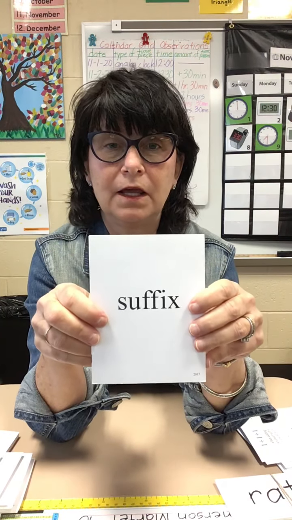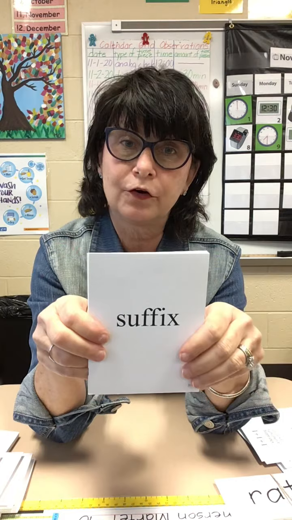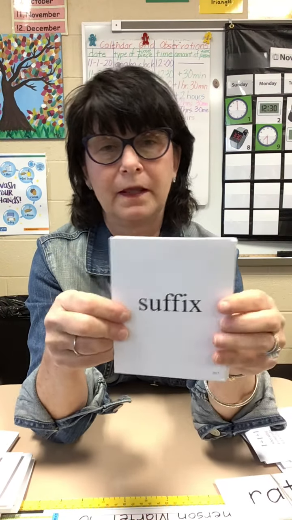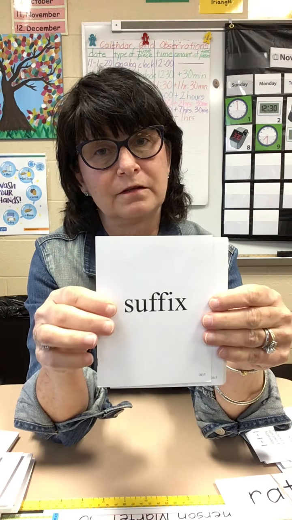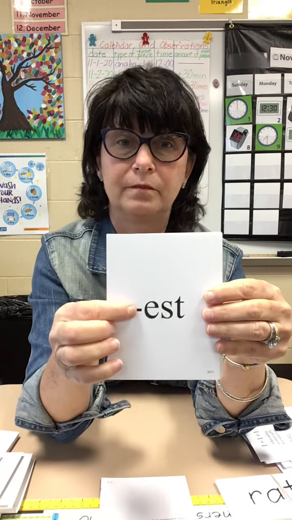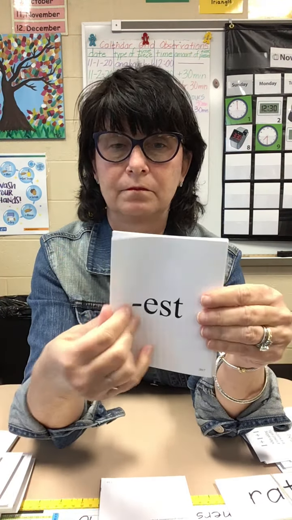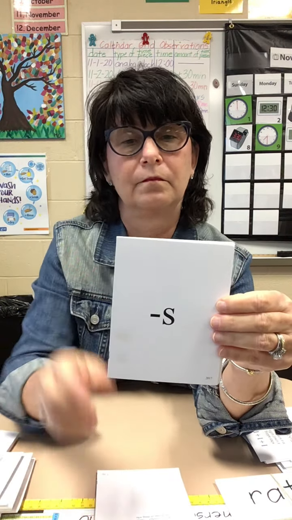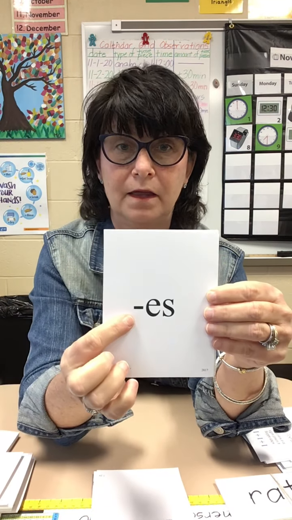I'm going to run you through your suffixes really quick. Remember, a suffix is a letter or letters that you add to the end of the word to change the meaning. And here are some of our suffixes. Est, s, is.